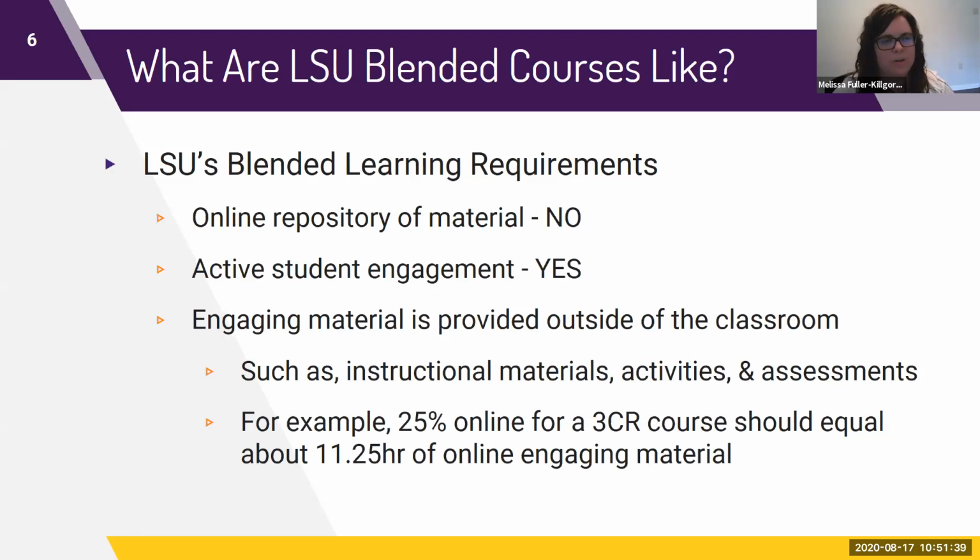Later on, Karina is going to show you an alignment map and show you how you can track the time the student is going to be spending on your course so that we can calculate and make sure we're still hitting that bar of hours. So for example, if you know you're going to have 25% of your course delivered online for a typical 3 credit hour course, that's going to be equal to 11.25 hours of online engagement.